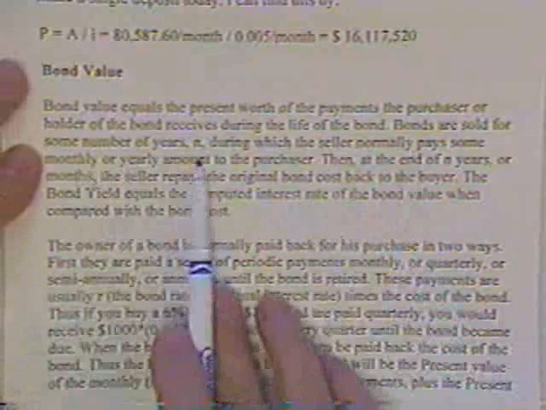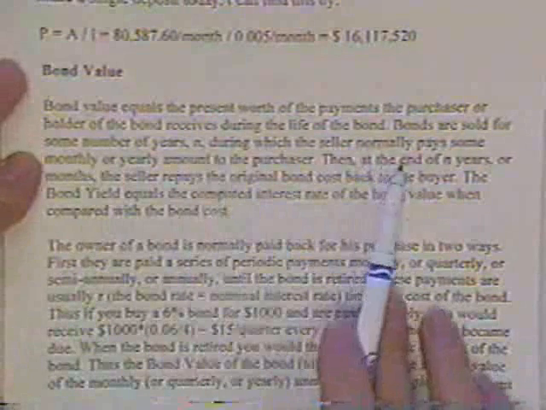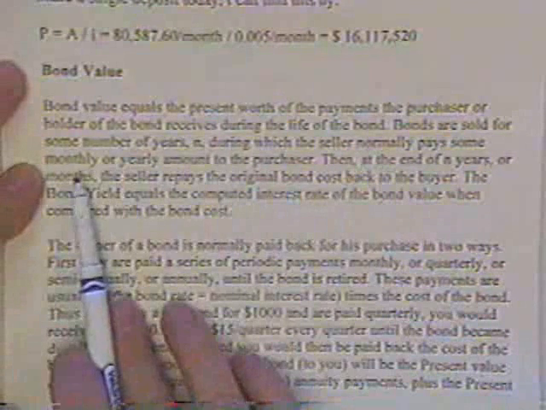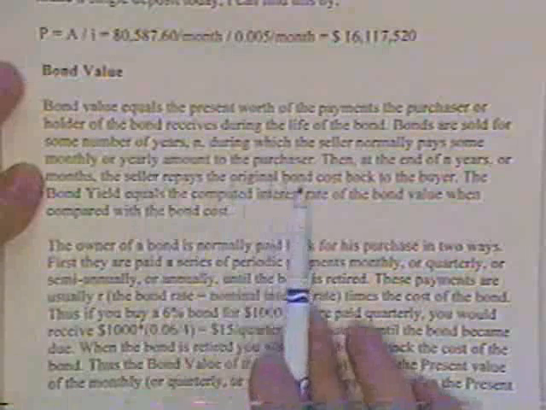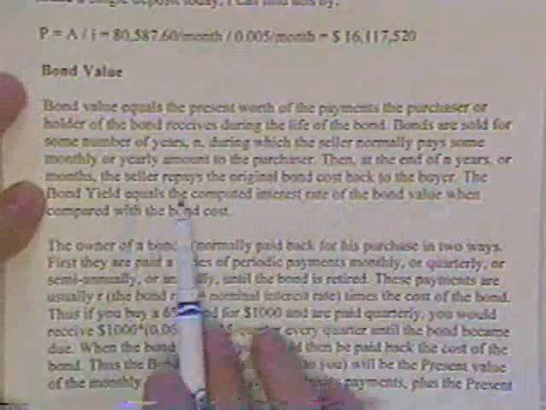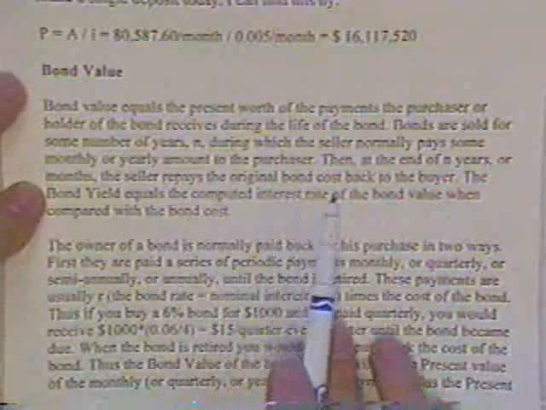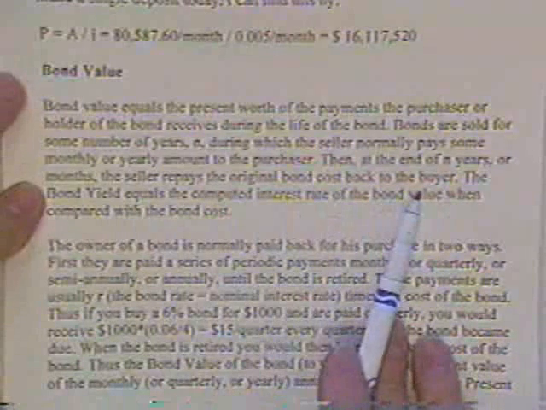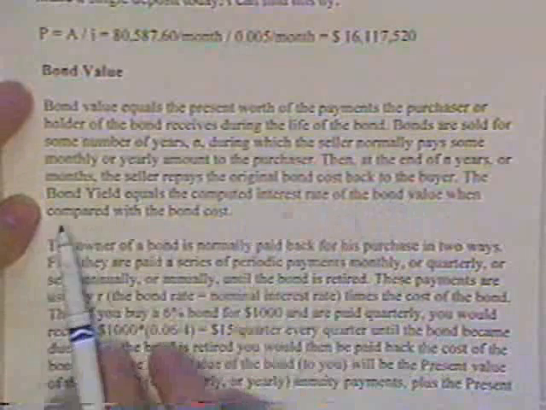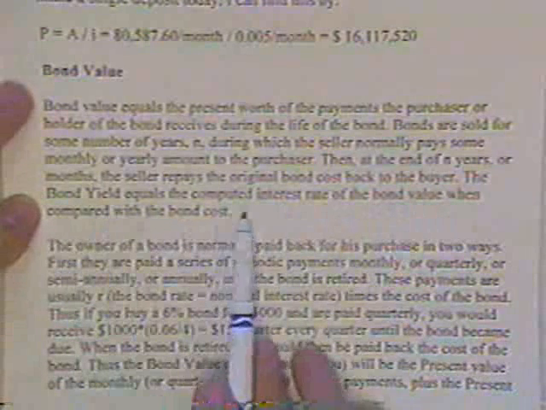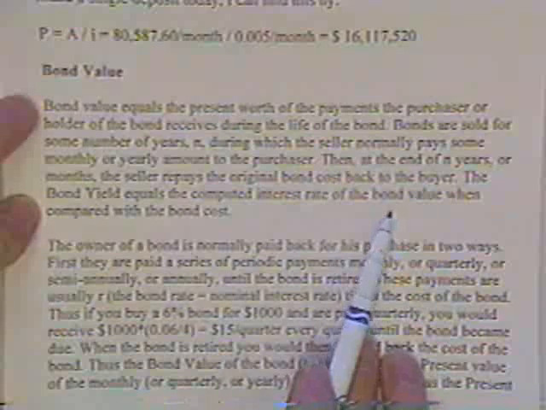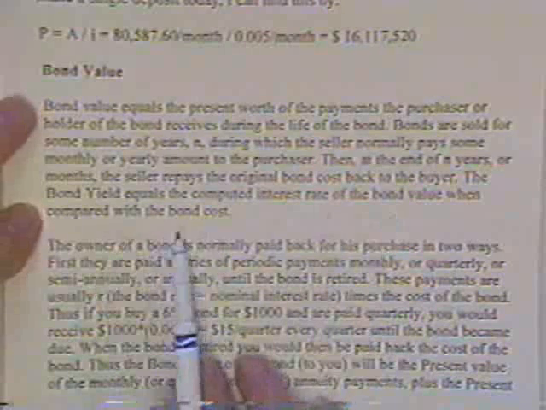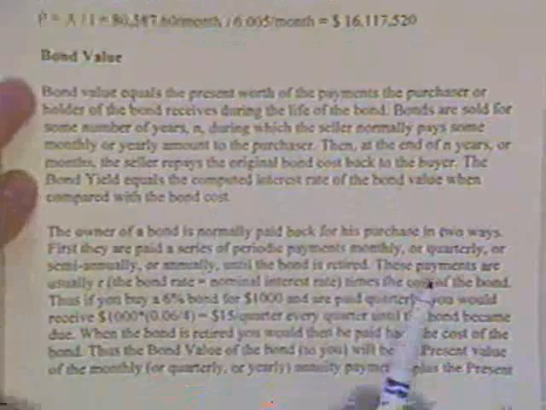They're sold for some number of years, in which case the seller normally gives you monthly or yearly money. And then at the end of the N years, of course, you get back the original cost of the bond. That's the way they normally work. The bond yield is the computed interest rate of the value of that bond when compared with the bond's cost.